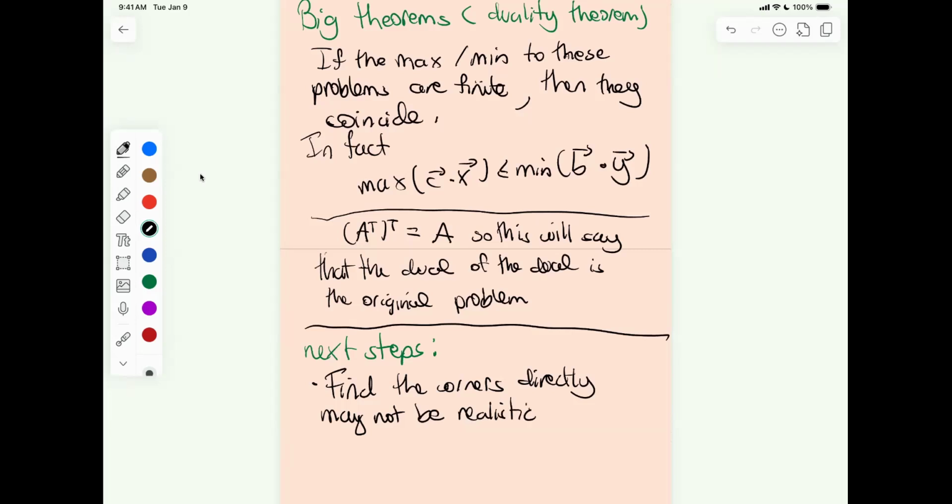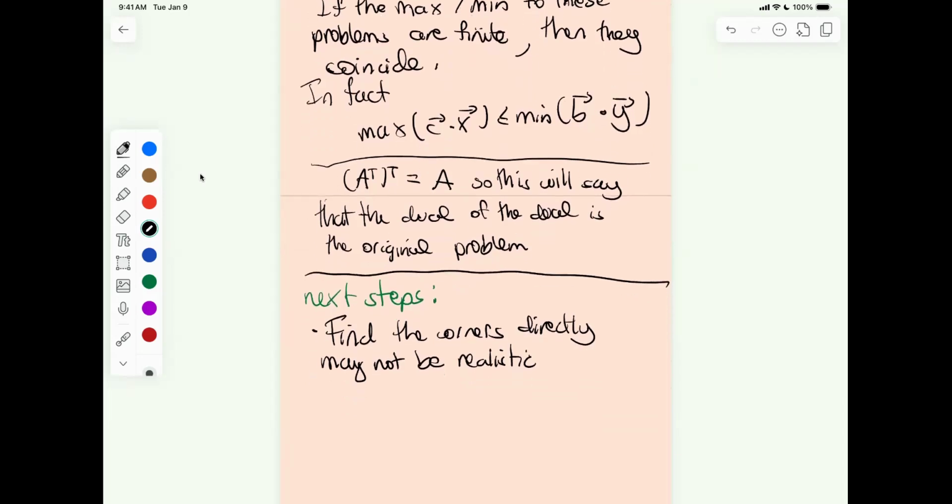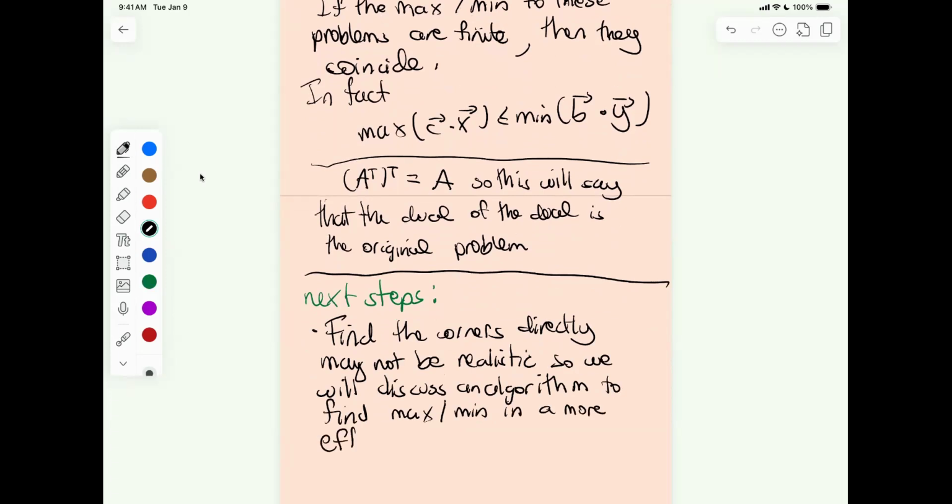We will discuss an algorithm, called the simplex method, that allows us to find the max or the min in a more efficient way.